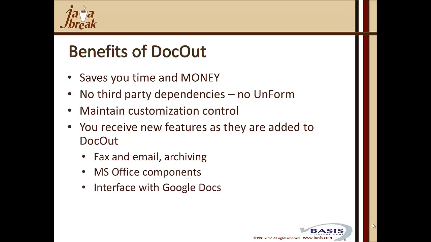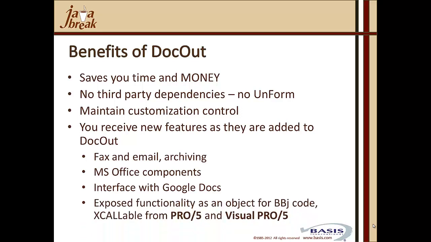Soon thereafter, we added the POI for Microsoft Office to expand the output type selections. 2011 brought the Google Doc interface for cloud storage, and now we have exposed all of the DocOut functionality as an object for BBJ code, which is X-callable for both Pro 5 and Visual Pro 5.